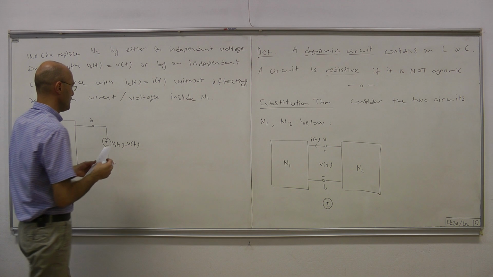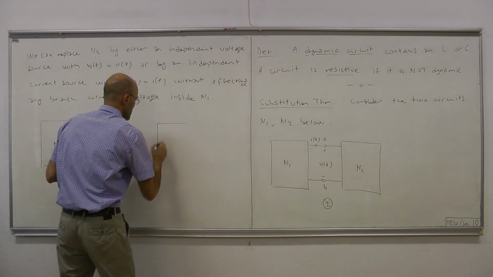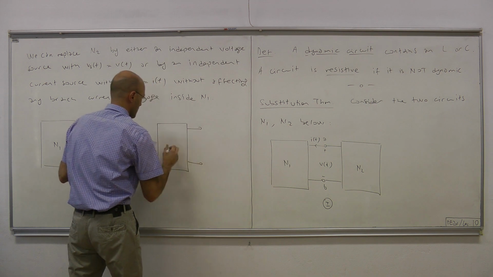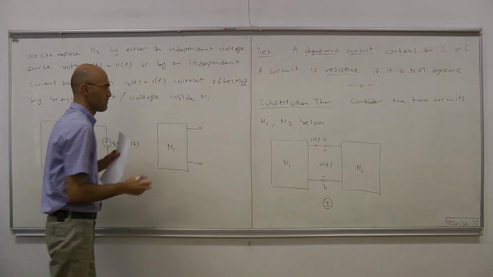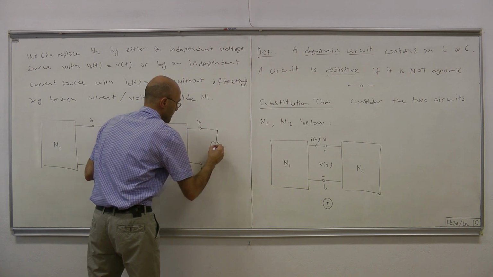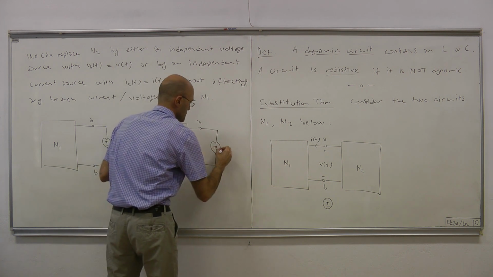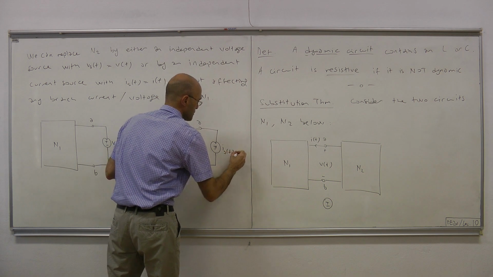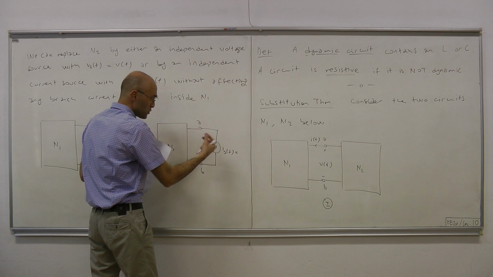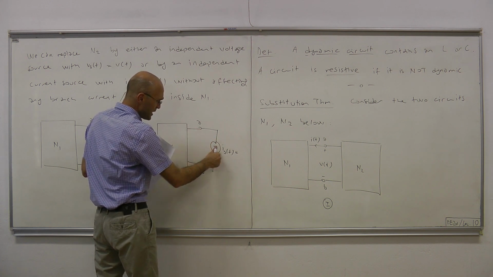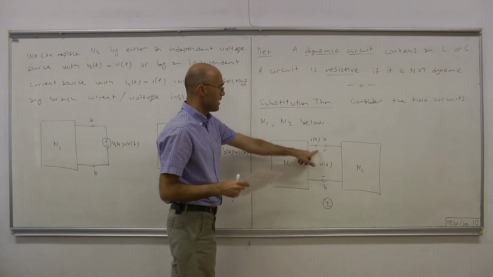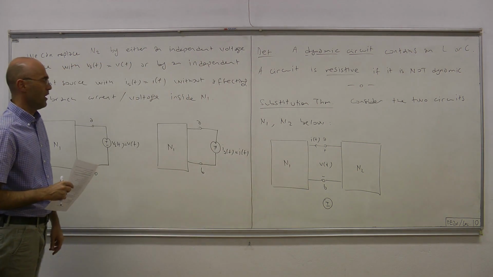Okay. Or what you can do is, okay, this is N1, A, B. We can also connect an independent current source, whose current in that direction equals the current that's measured or computed over that line of t.